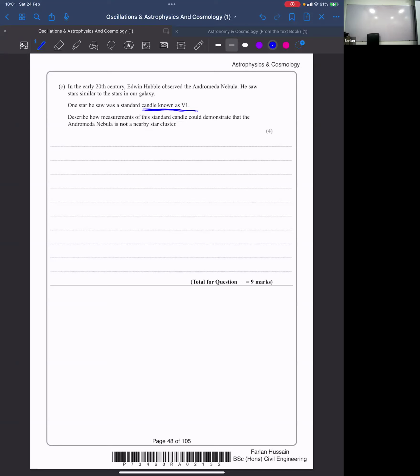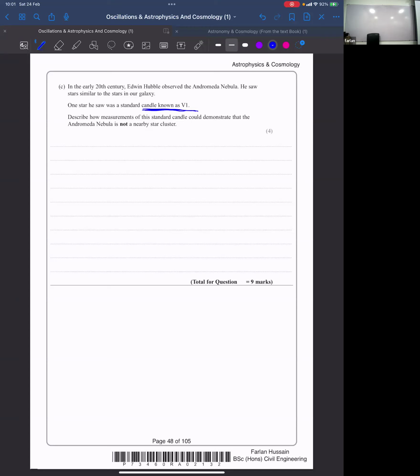Why do you use this? It is something in our different galaxy. We observe the star similar to the stars in our galaxy. That means it's not referring to some other galaxy.